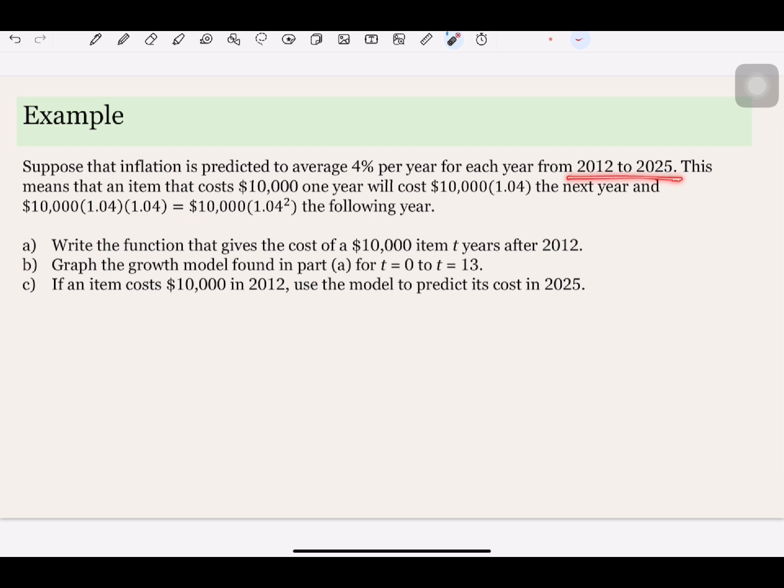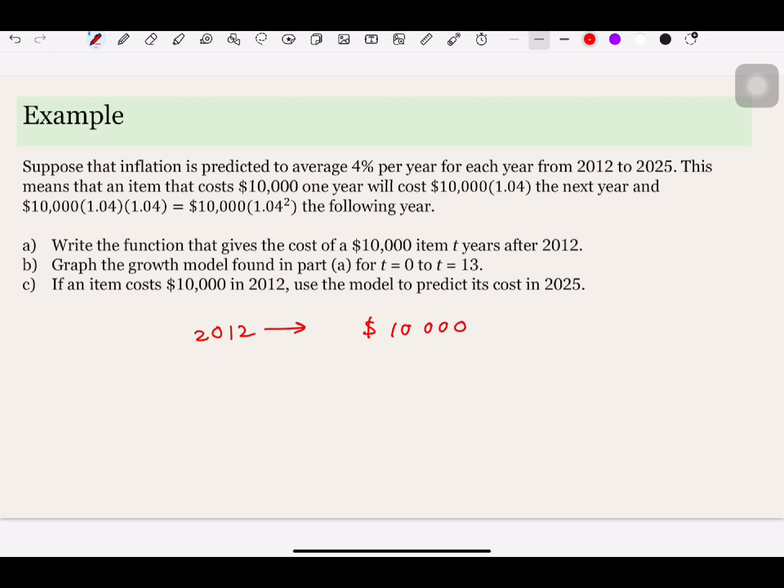That means the price of an item increases by 4% every year. Let's say an item costs $10,000 in 2012.